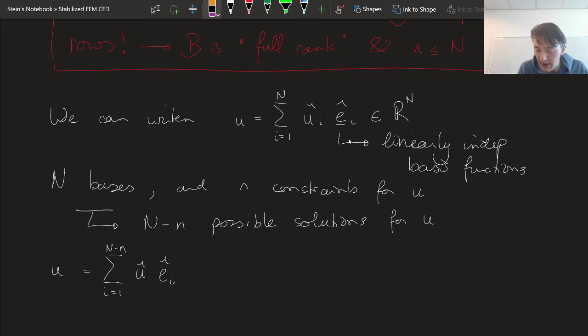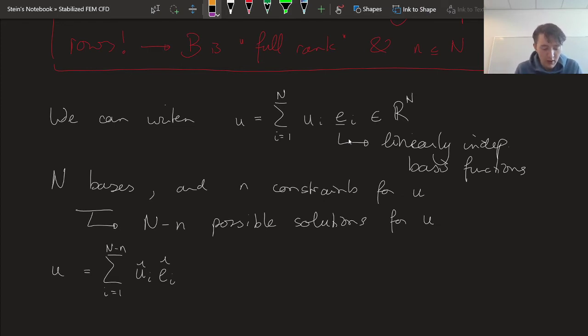Let me actually remove the hat from this. On the top right we had still the original linearly independent bases, so that was the original, the natural basis. And now we've changed the basis.